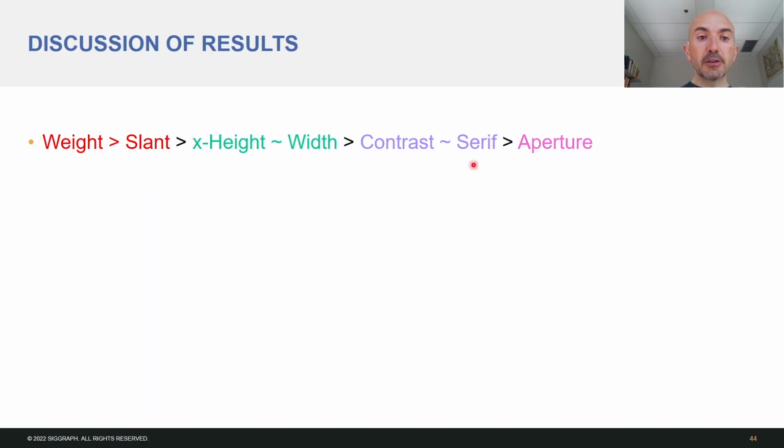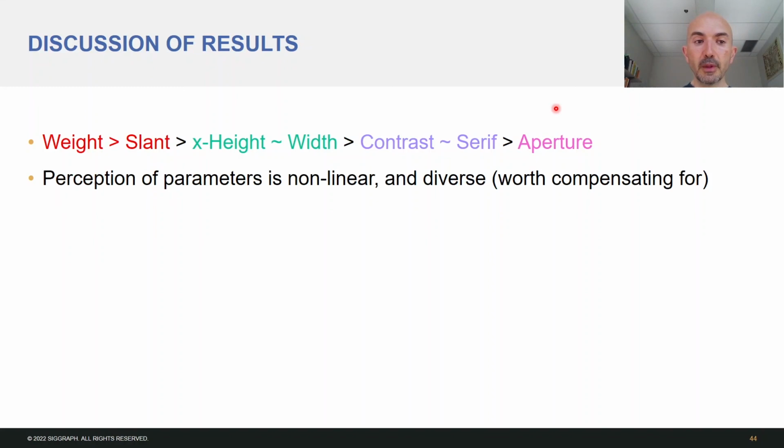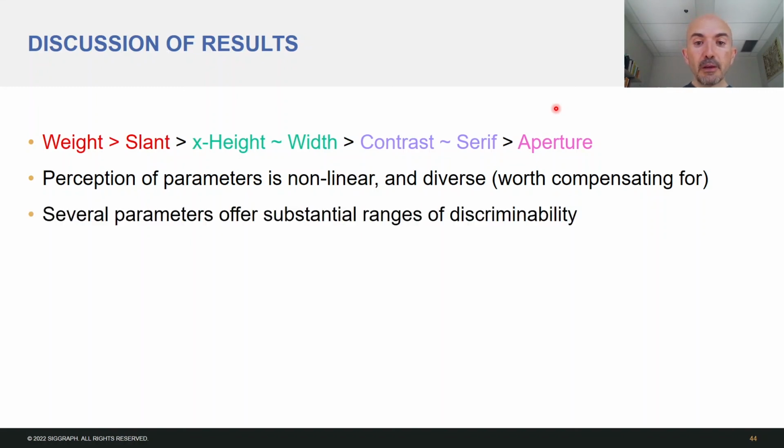Then we have contrast and serif, and aperture is clearly the worst. We also learned that the perception of parameters is not linear, and it can actually be quite diverse. The curves have different shapes depending on the parameter. And finally, we have seen that some of the parameters are actually quite precise, thus very promising for infotypography.